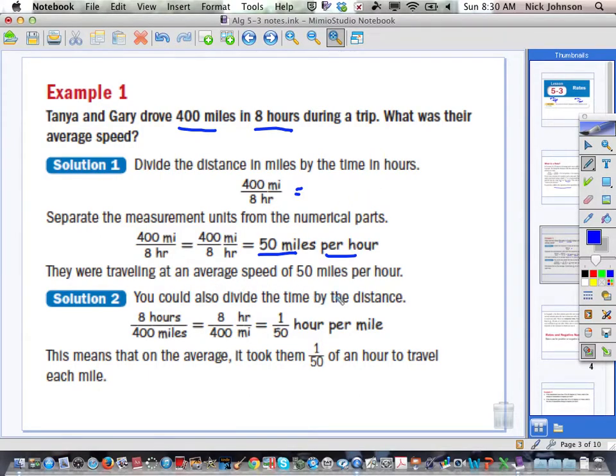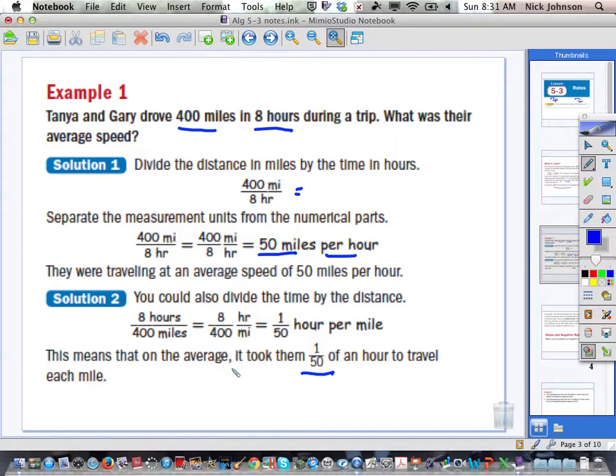You could also divide time by distance. It just doesn't look very good, because when we say hour per mile, it doesn't sound that great. So, 8 hours could go on top, divided by 400 miles, equals 8 divided by 400. Notice this is not the same answer, because 8 divided by 400 is not the same thing as 400 divided by 8. 8 divided by 400 gives you 1/50th hour per mile. So this means that on average it took them 1/50th of an hour to travel each mile.